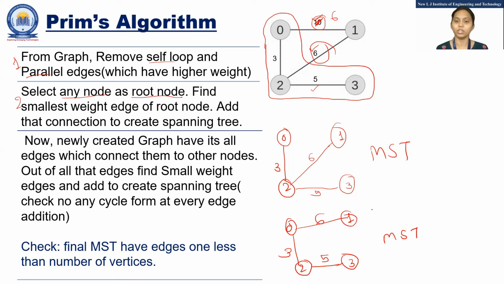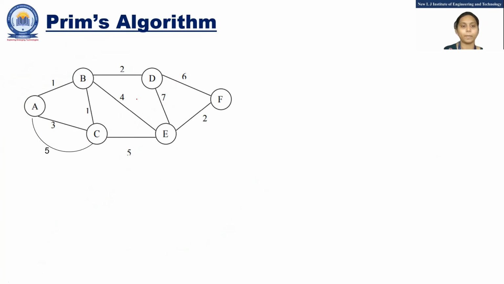So you don't say that you always end up with a single spanning tree; that purely depends upon your graph. If my graph has this 10, then you only have one spanning tree, but if the weight of edge 0-1 is 6, then you can have this or this as a minimum spanning tree. Both are valid.